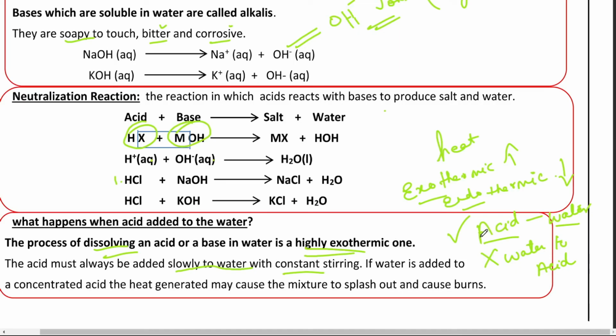Now if water is added to the acid, what happens? The heat generated may cause the mixture to splash out and cause burns. It is highly risky, so don't do it. Don't add water to acid, but in fact add acid to water in small amounts with continuous stirring.